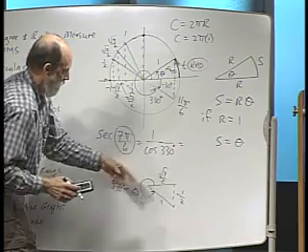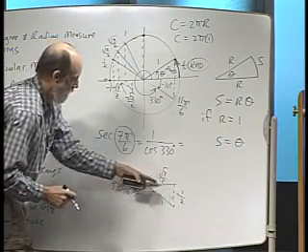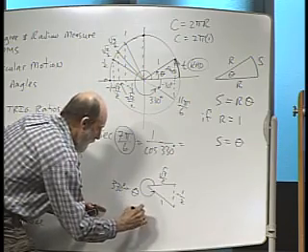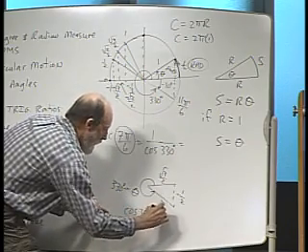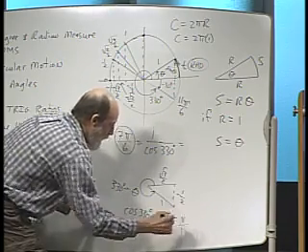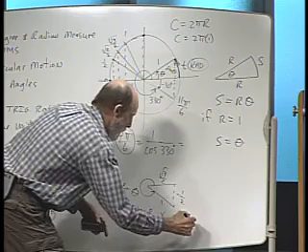So that means this cosine reading is the x leg. The cosine of that angle is the x reading over the radius, and the radius is 1, so that x reading there is square root of 3 over 2.